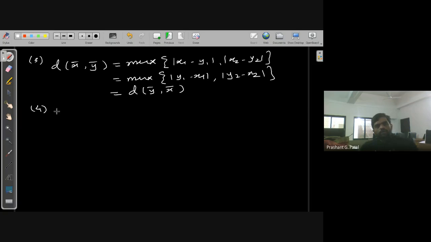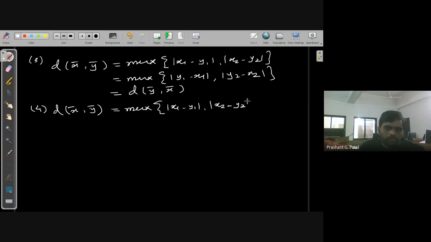The fourth property, that is d of x bar y bar, will be same as maximum of mod of x1 minus y1, mod of x2 minus y2.